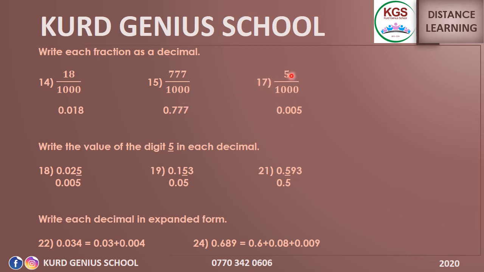Number 17 is 5 thousandths. We don't have a whole number here, so write 0 in the whole number part, then the decimal point. We have 5 parts out of 1000 parts. We should have 3 digits to the right of the decimal point, but the numerator is only 1 digit, so how can we make it full here?